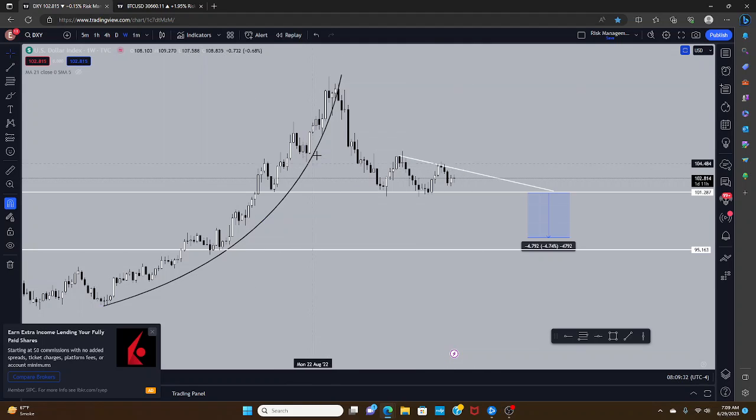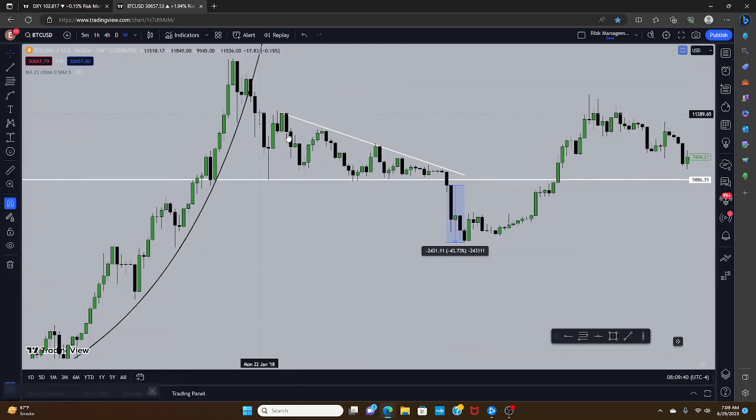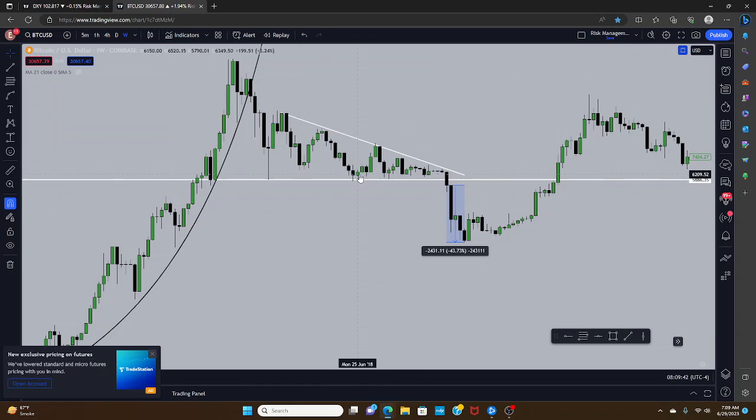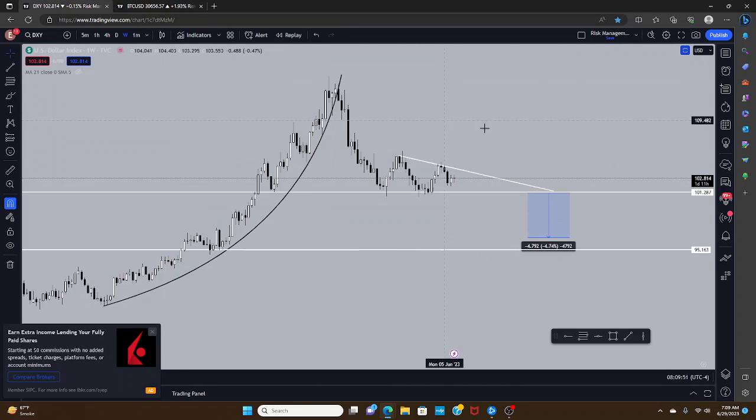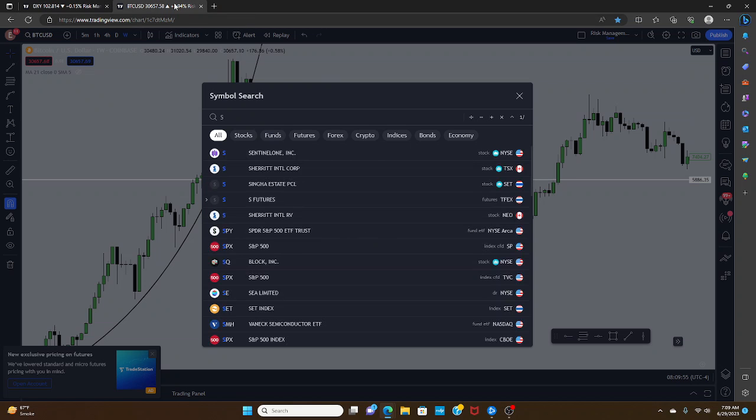But this is just a price pattern that tends to play out after parabolics blow off. This pattern we saw on Bitcoin. So yeah, it's obviously not a guarantee, but it is something to watch out for and keep in mind. And I do think it lines up with one of the other scenarios I've been looking at in the market.